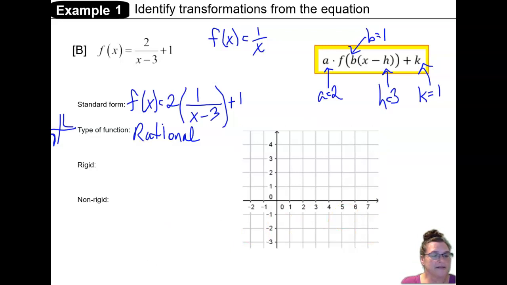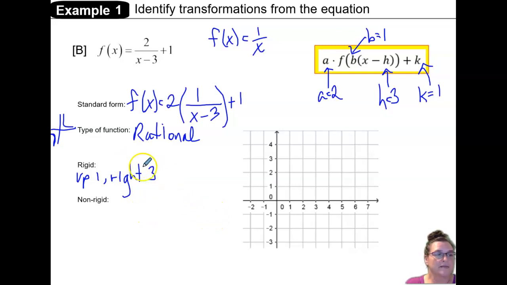Okay, so now let's describe our transformations. So if k is equal to 1, that's a rigid transformation that's going to move the graph up 1 unit. And then h is positive 3, so that moves us to the right 3 units.